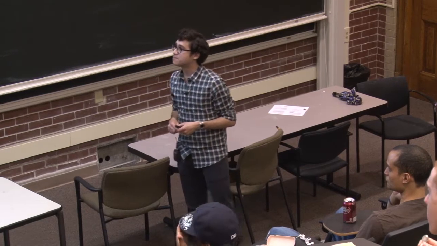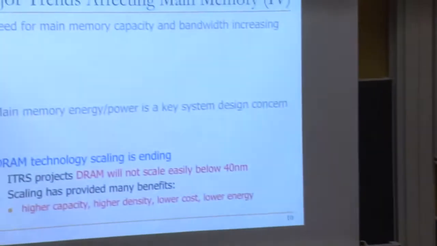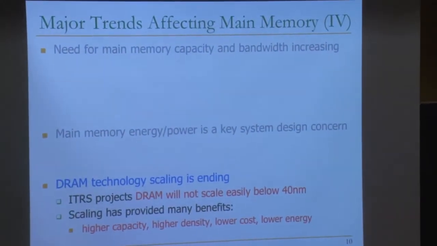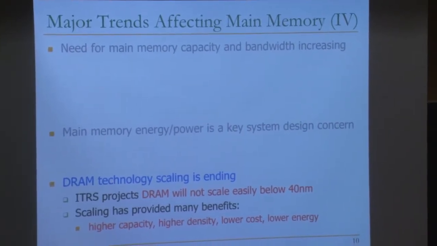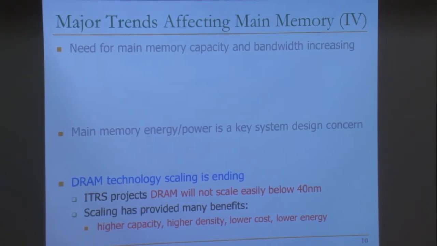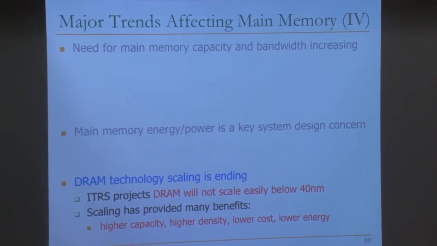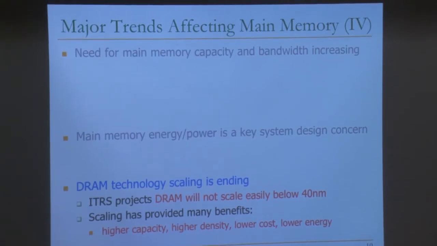And like we talked about before, DRAM technology scaling, we believe, is approaching its limits. So the ITRS, which is this industry consortium, a bunch of companies that get together and talk about the future of different memory devices and storage devices, predict that DRAM won't easily scale below 40 nanometers.